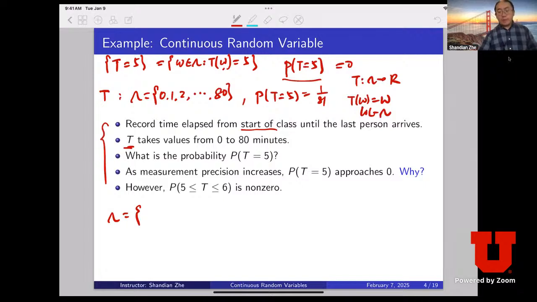So my sample space will be 0, half a minute, 1 minute, 1.5, 2 minutes, 2.5, 3 minutes, until 79.5, 80 minutes. Does it make sense? In this case, omega is still discrete and finite. But what's the size of the sample space?